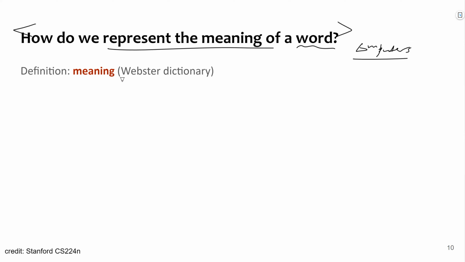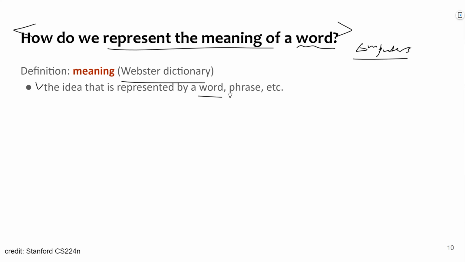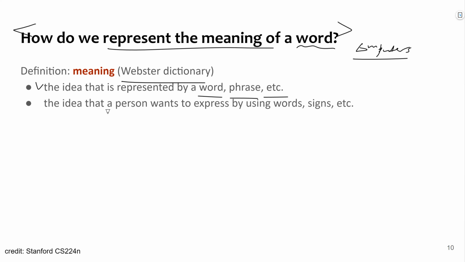And we're going to think about the definition of meaning from the Webster Dictionary first. How does this dictionary define the meaning of meaning? The first definition is the idea that is represented by a word, phrase, etc. The second definition of meaning is the idea that a person wants to express by using words, signs, etc. And the third definition is the idea that is expressed in a work of writing, art, etc. Therefore, the meaning contains the idea.